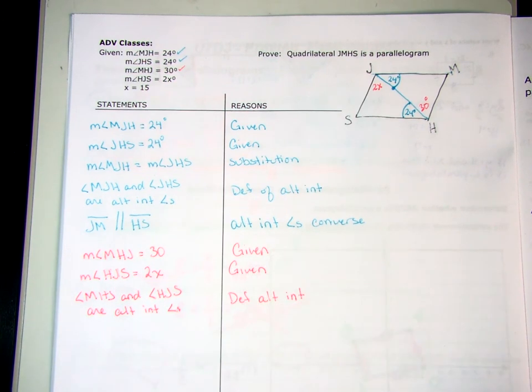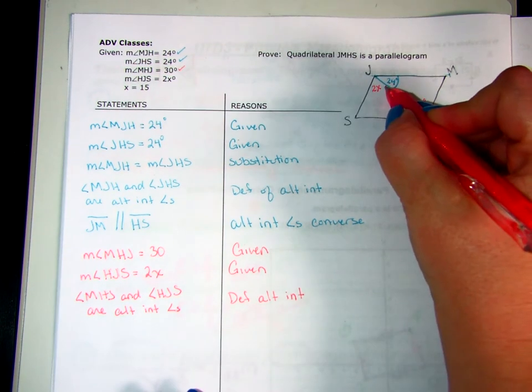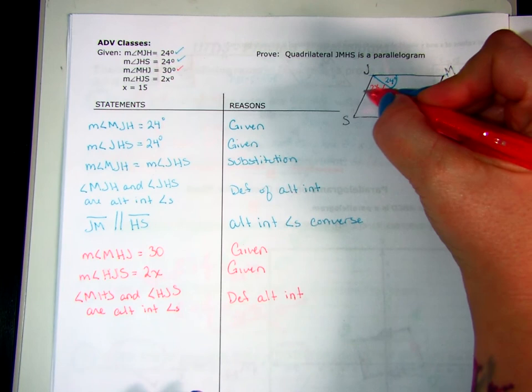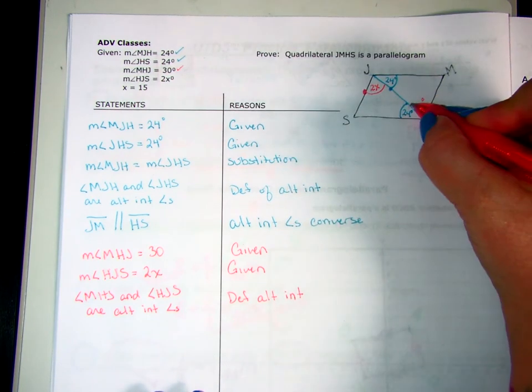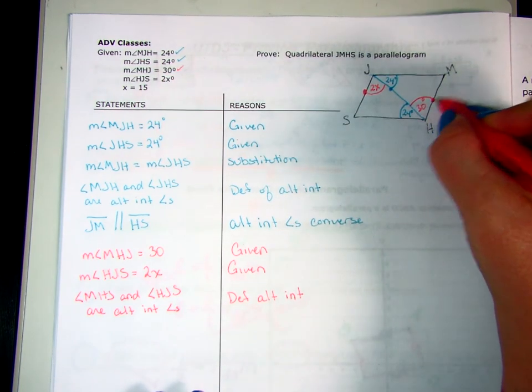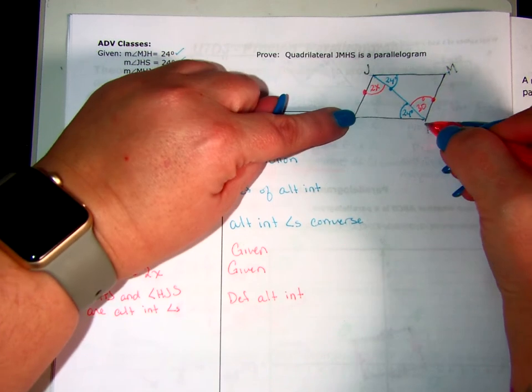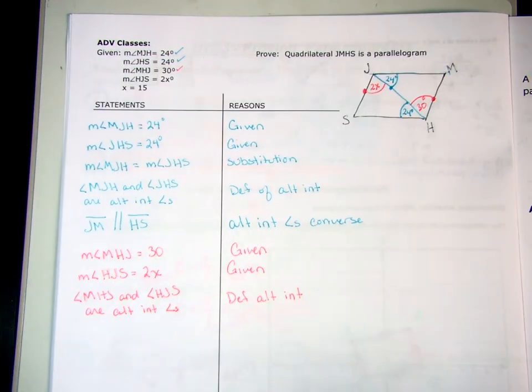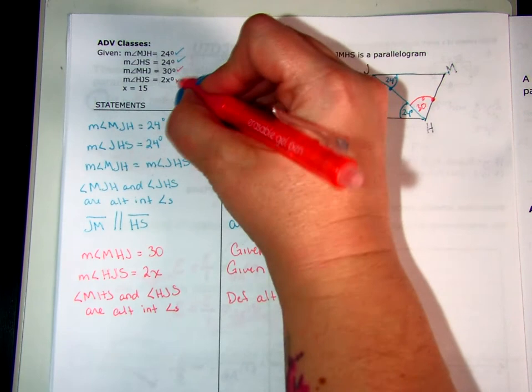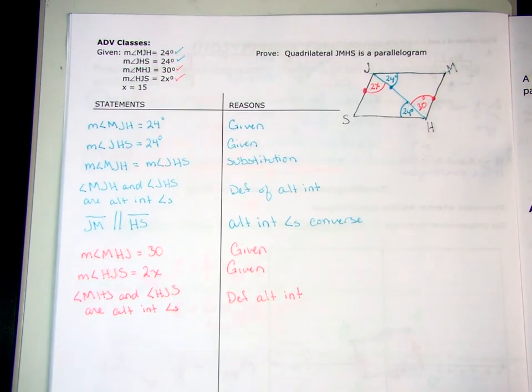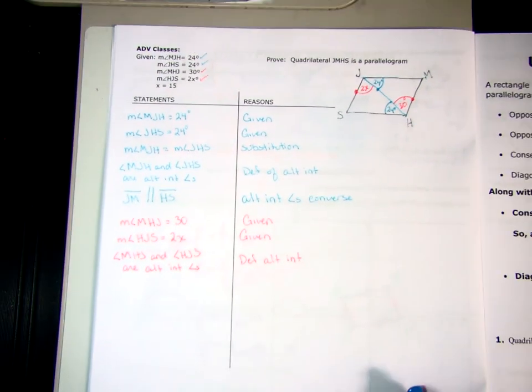And last time after that, I said I had parallel lines because I could say this goes with JS, and this from the transversal across it goes with MH. So I should be able to say that these are parallel, but we only were able to say they were parallel because those 2 angles were equal. We have not said those 2 angles are equal yet. So I still need to say those 2 angles are equal, but I have one more given.